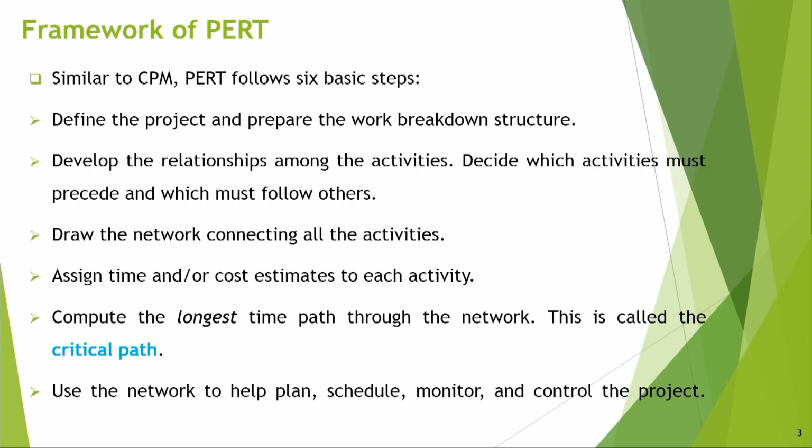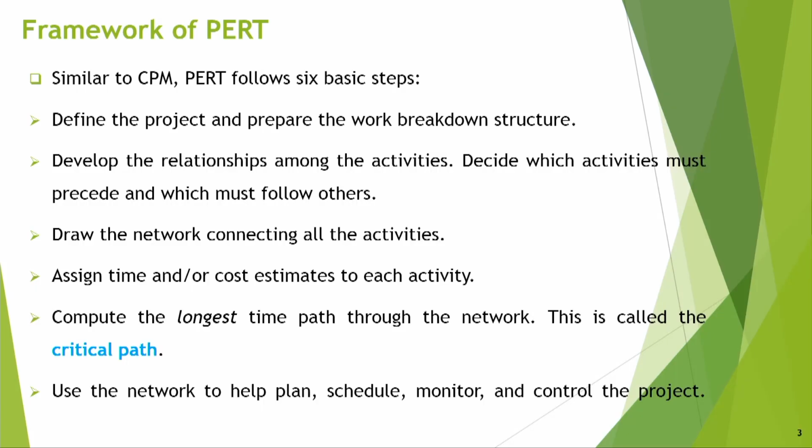There should be a goal that I am doing this task. The project has a beginning and end, and it can be broken down into a number of activities, such that if these activities are done, then the project is complete.